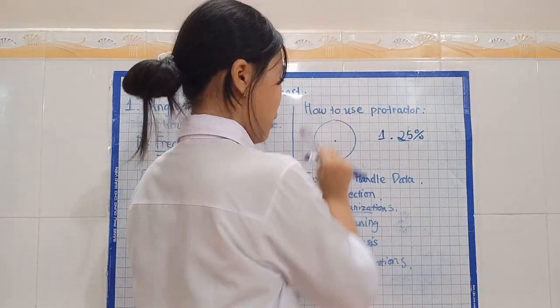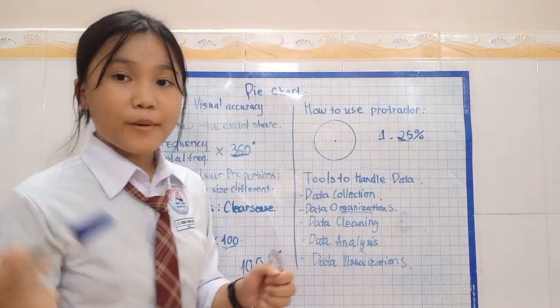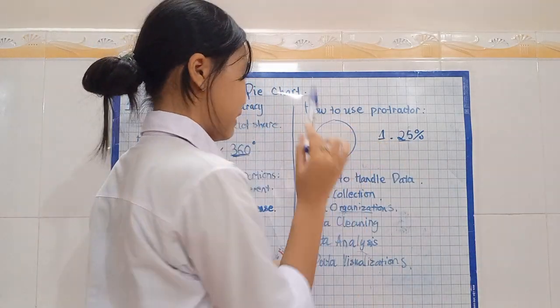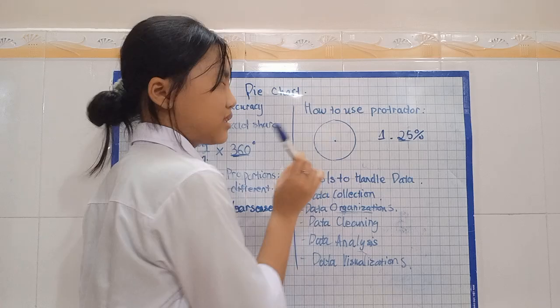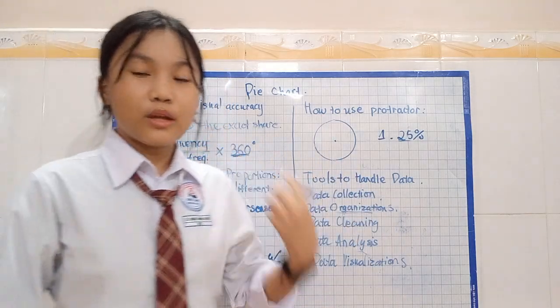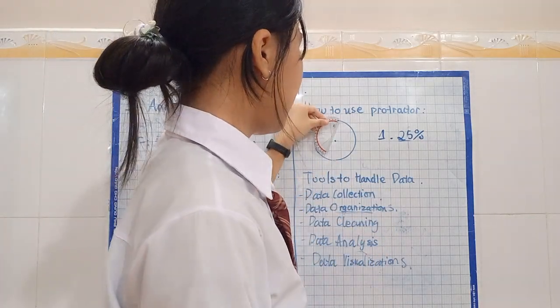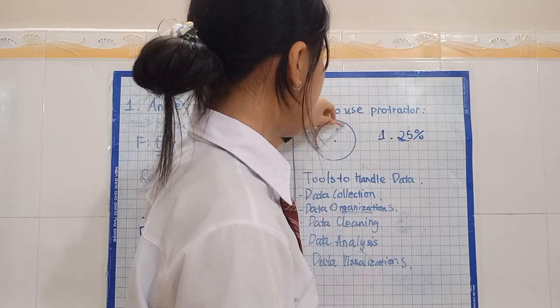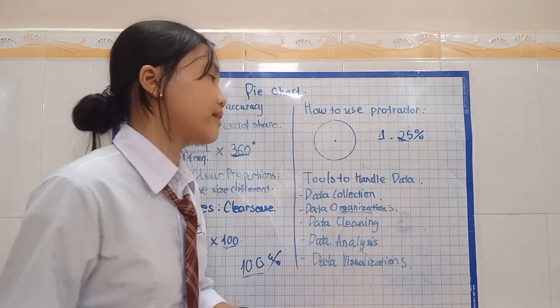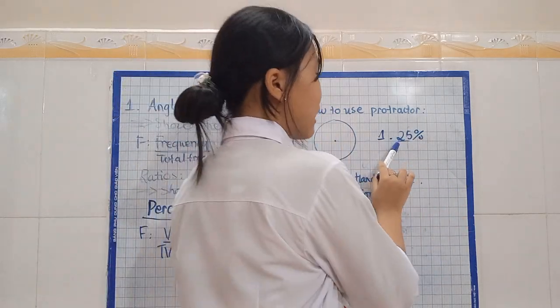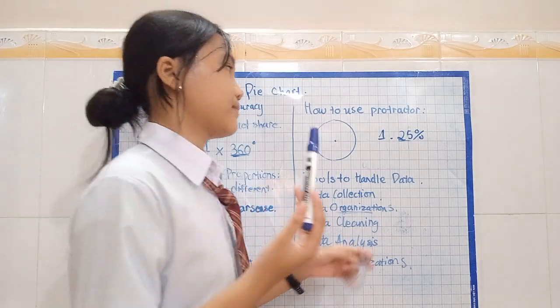So we could use our protractor here and draw it onto our pie chart. Remember, our pie chart should always be a circle like this, and we want to have one dot in the middle, so we know how to calculate the middle of the circle and later be able to draw it.